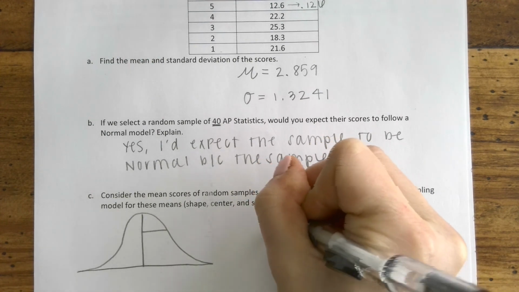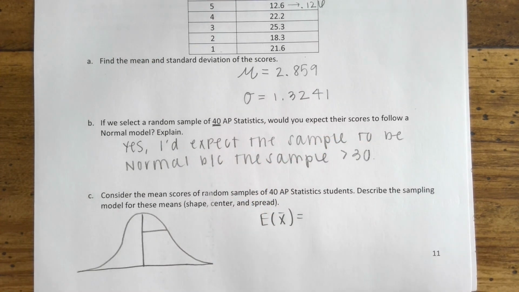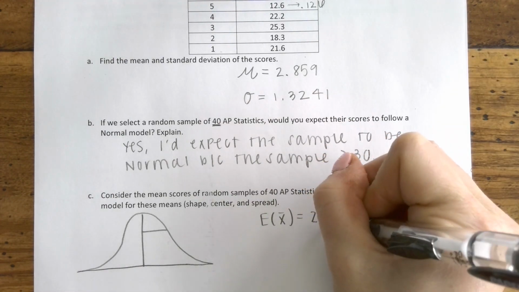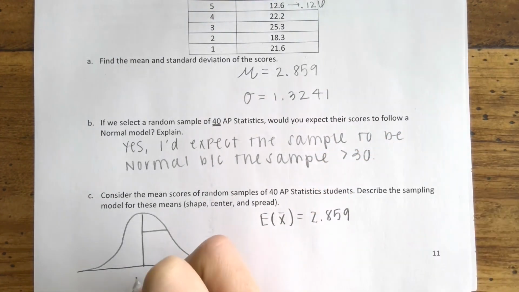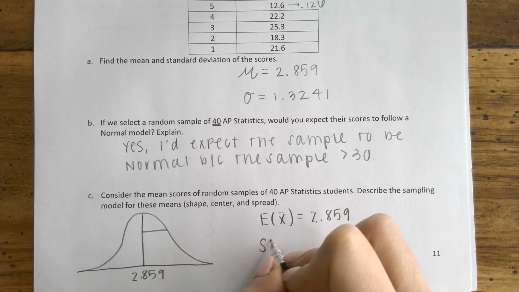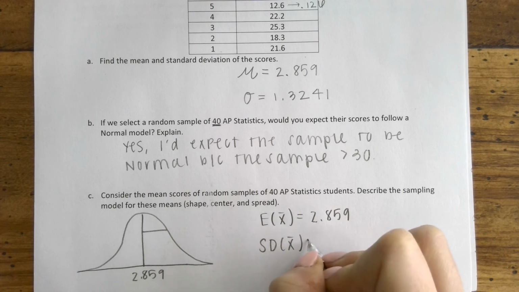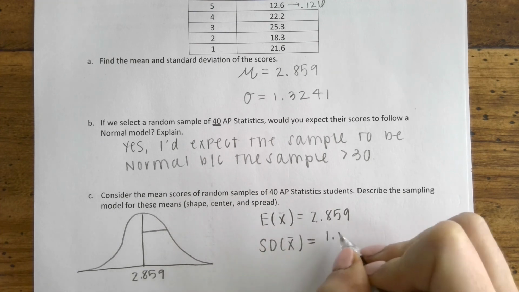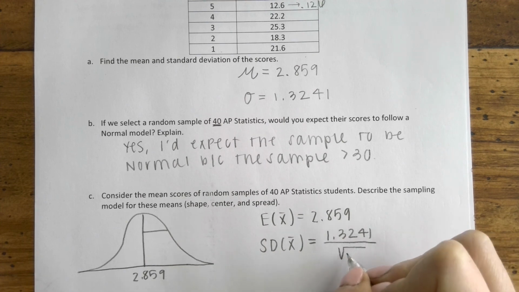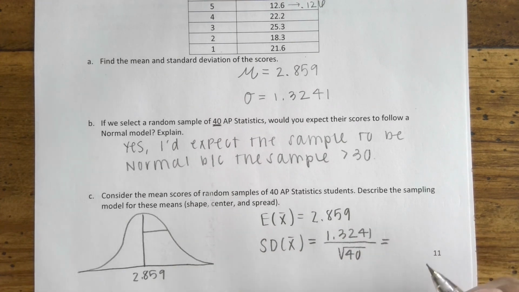The mean for that sample would just be the mean from my population, so the 2.859. For the standard deviation, we will again take the standard deviation from the population and divide by the square root of my sample size.